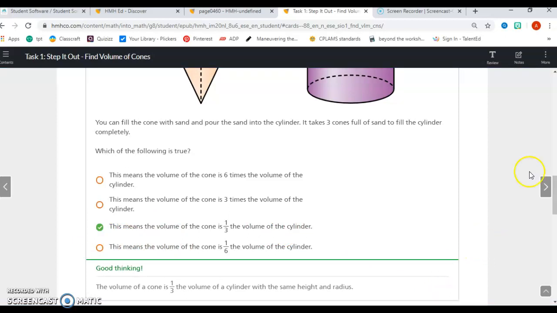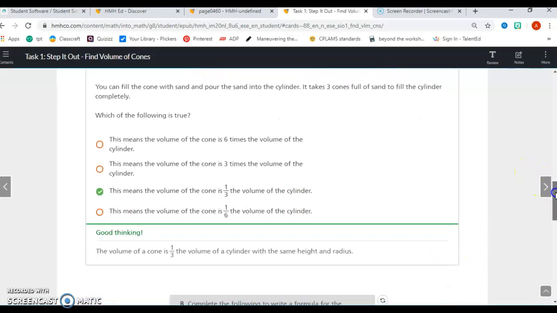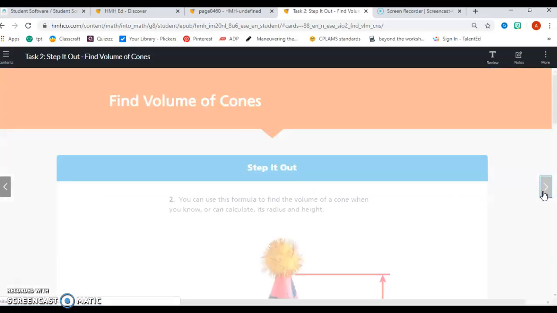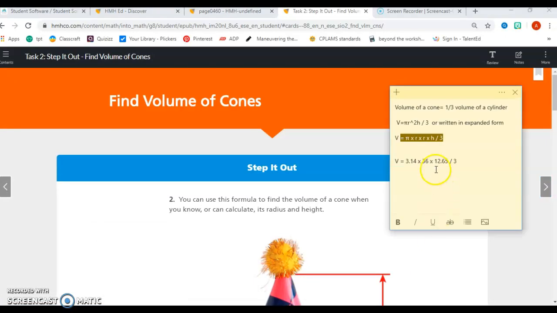Good job. Okay, so you're going to need this 1/3. Remember this 1/3 when we talk about the volume of a cone formula, which I'll go over right now. So the volume of the cone formula is 1/3 the volume of the cylinder.